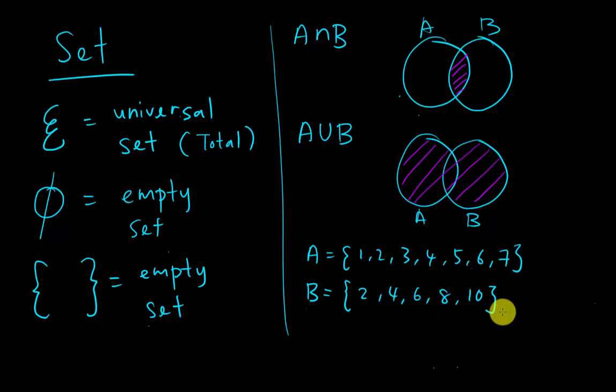If I ask you what is A intersect with B, when I say intersect, you must find out what both of them have, because this is how both of them intersect. So I will find out what both of them have. Both of them have 2, both of them have 4, both of them have 6. So it will be 2, 4, and 6.